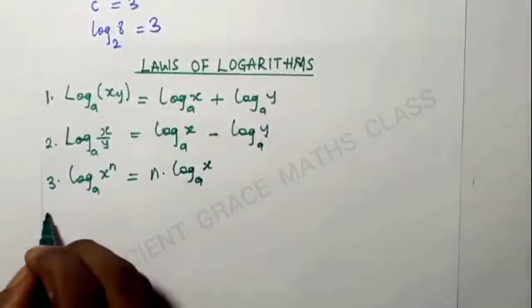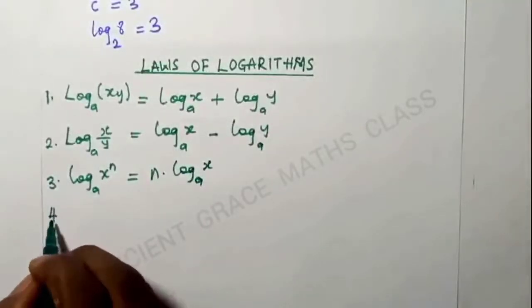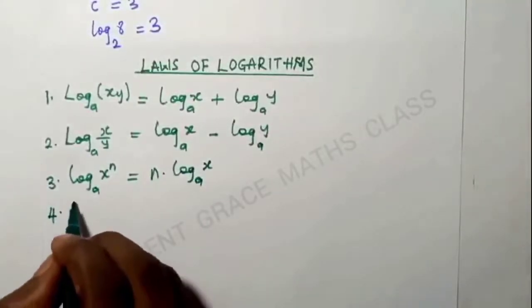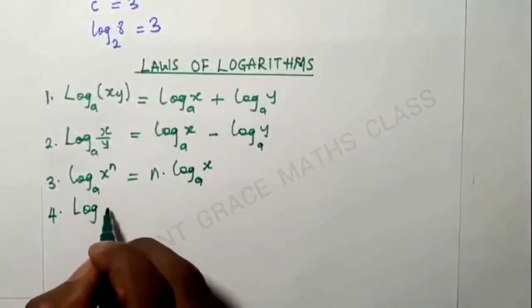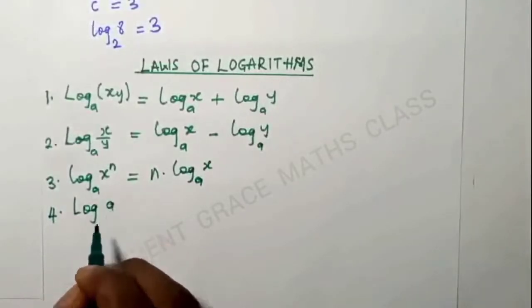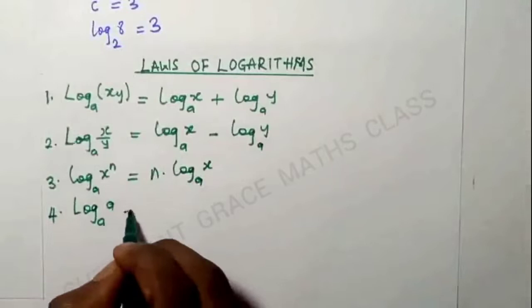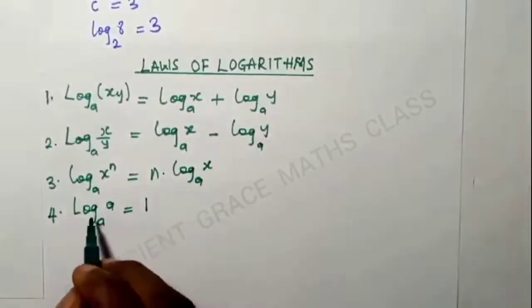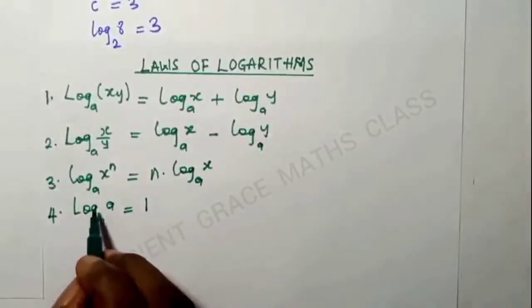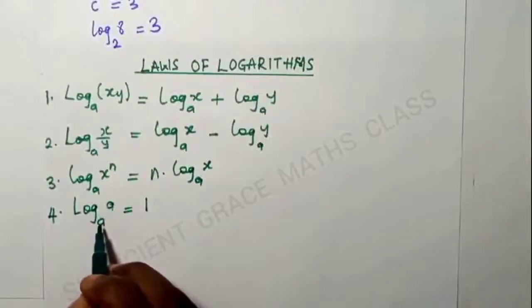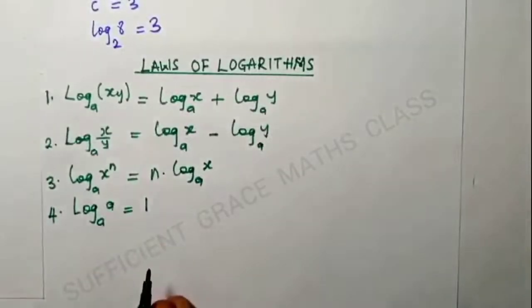Number 4. Log of a to base a is the same thing as 1. That is, whenever we have log of a particular number with the same base, it is equal to 1.